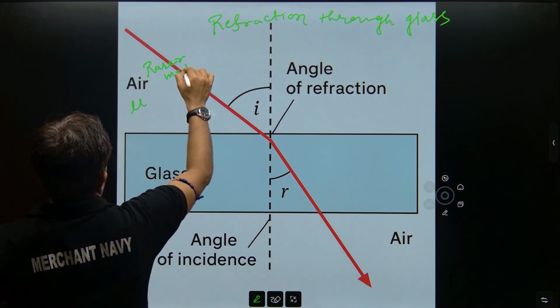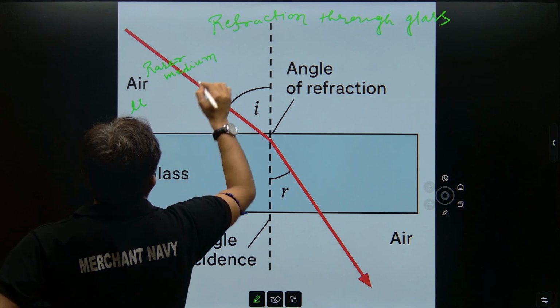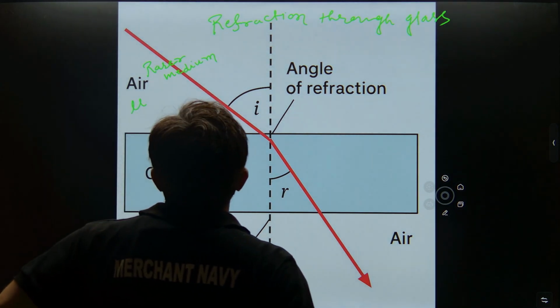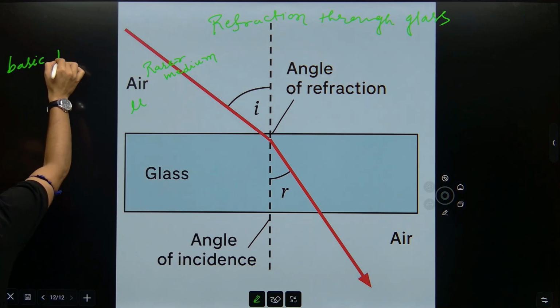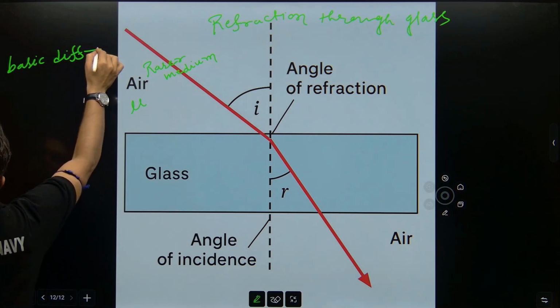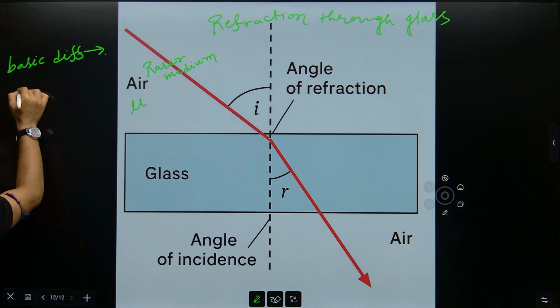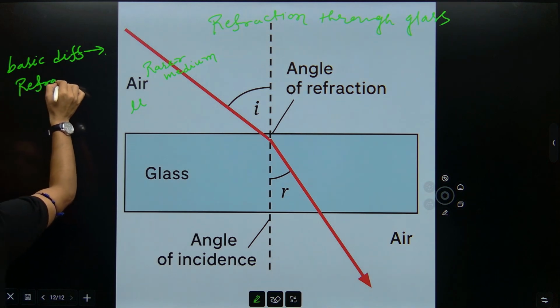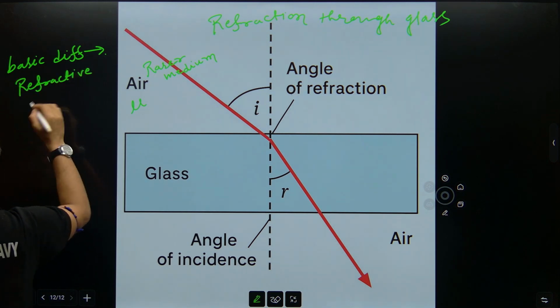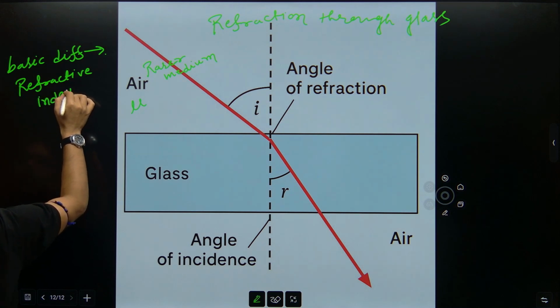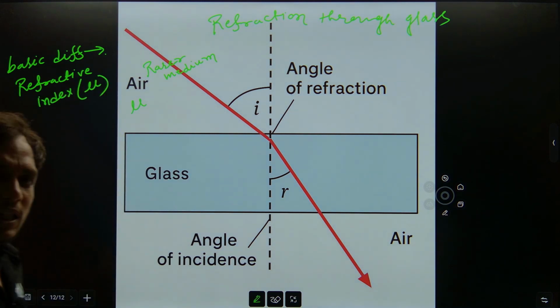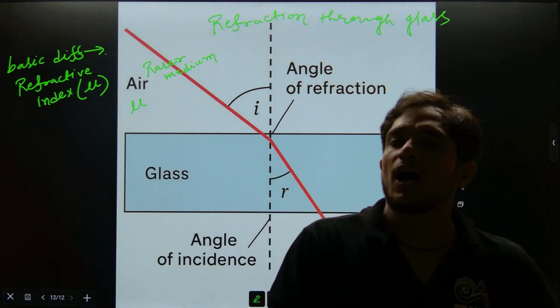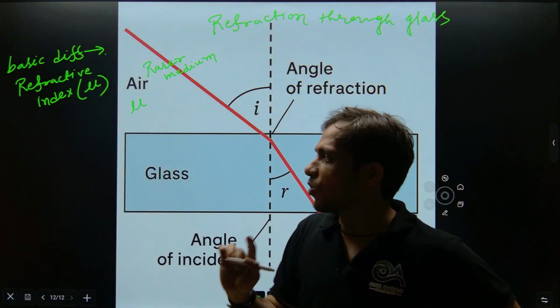When I say rarer medium and denser medium, the basic difference depends upon the refractive index of the medium. Refractive index is denoted by mu. Mu is the ratio of sin i upon sin r.